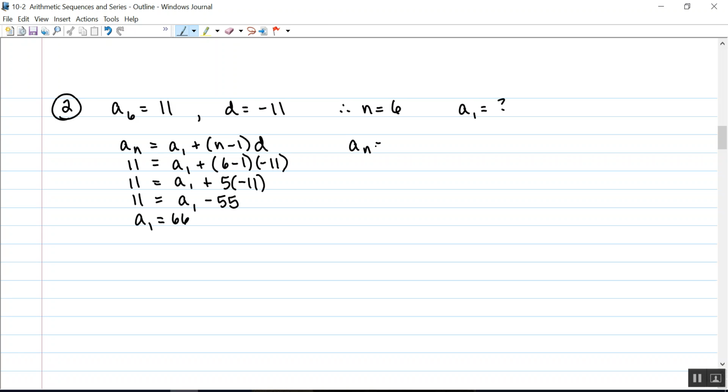So a sub n is equal to my a sub 1, which is 66, plus n minus 1 times my common difference of negative 11. Now notice in this one I put the n back in just as n, not as 6, because that's going to be my variable. Now I just need to simplify this. 66 and distributing negative 11 minus 11n plus 11, or a sub n is equal to negative 11n plus 77. And that's the equation I could use to find the nth term of this sequence.